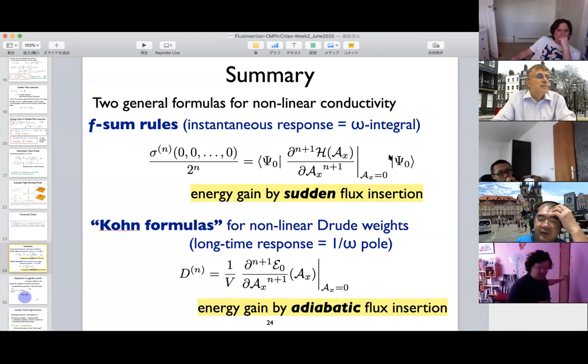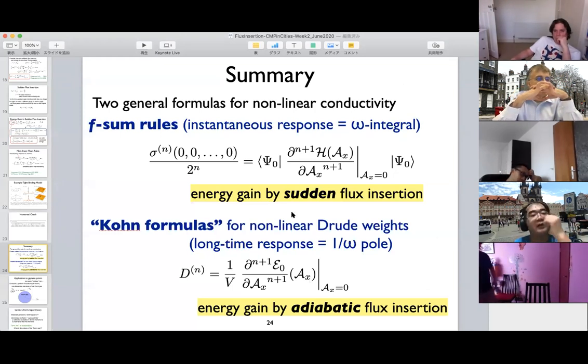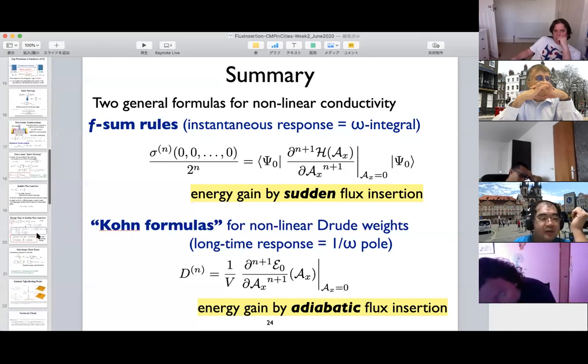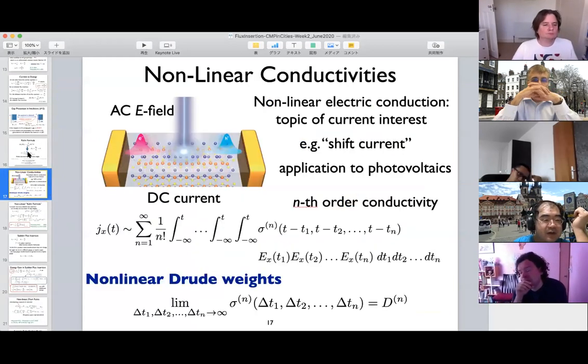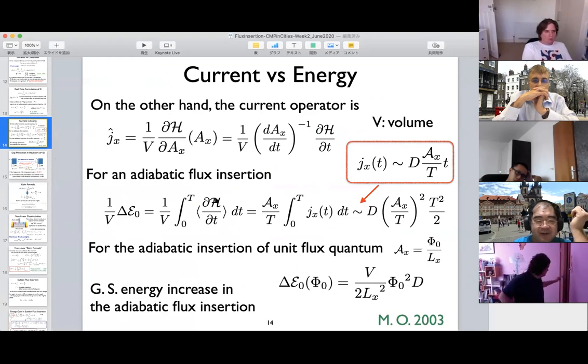Okay, so one thing I can say is that I didn't fully explain the derivation, but I related the energy increase to the integration over the derivative of the Hamiltonian.